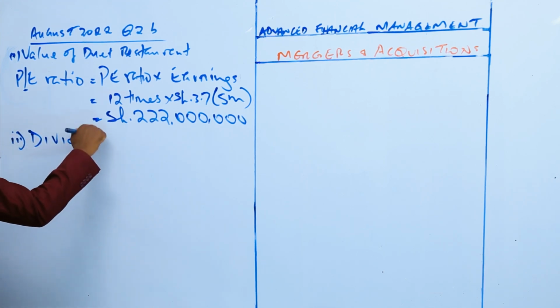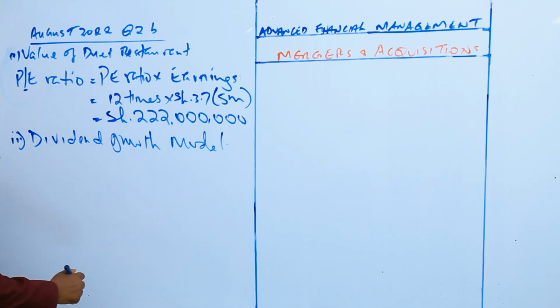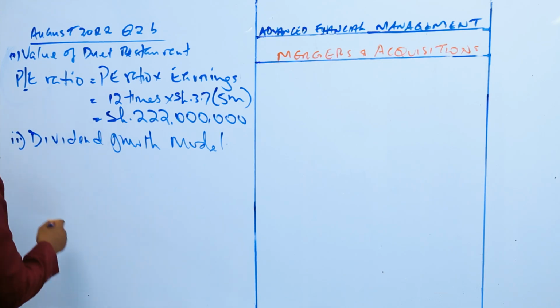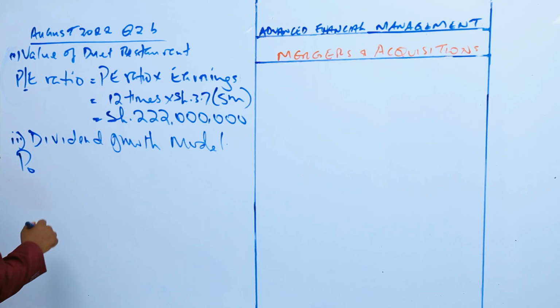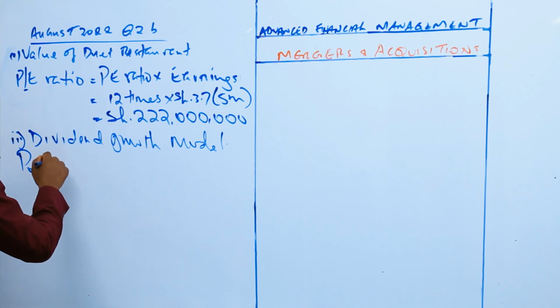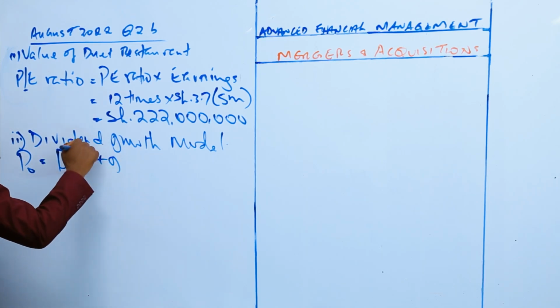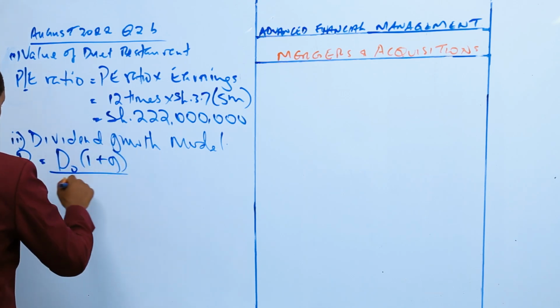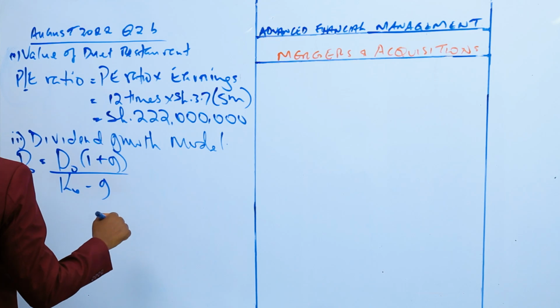Now to calculate the value using the dividend growth model, we have the formula: P naught is equal to D naught (1 plus G) over KE minus G.